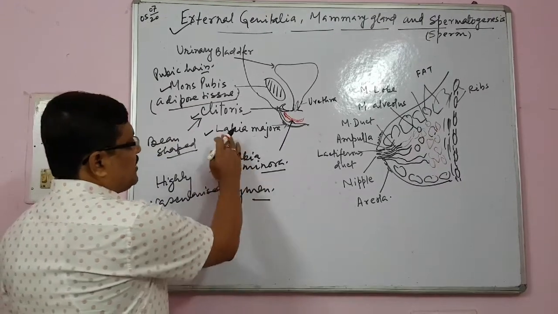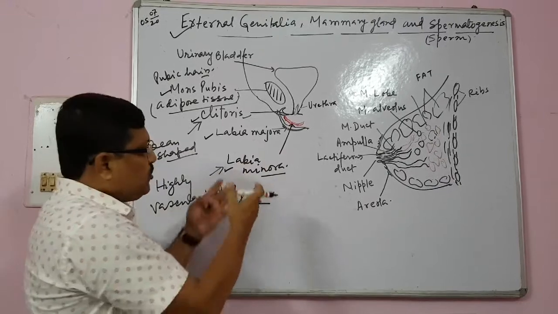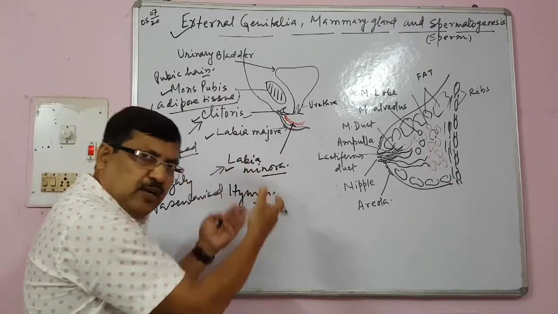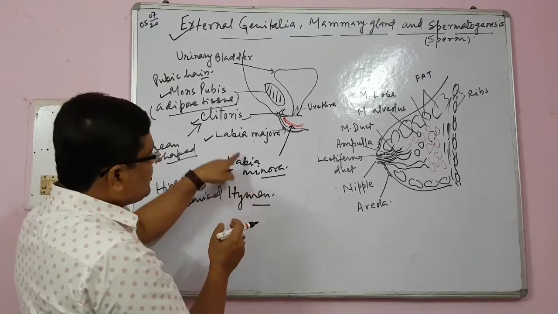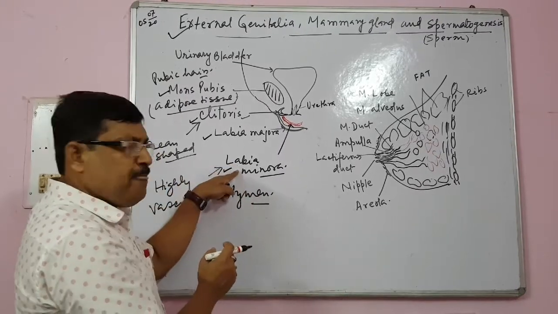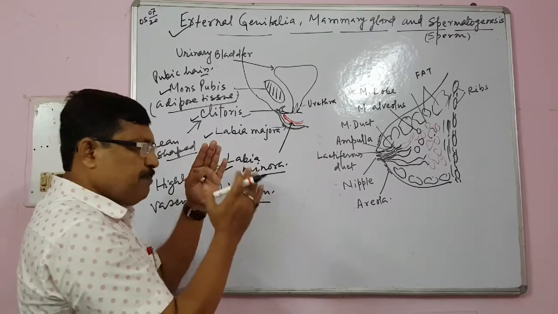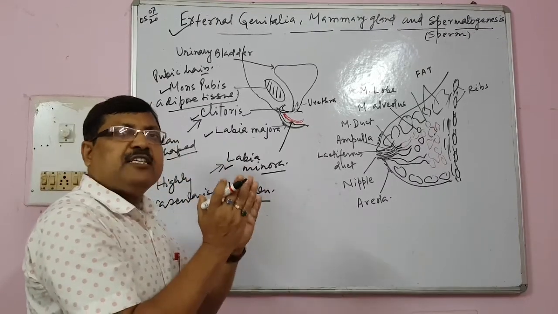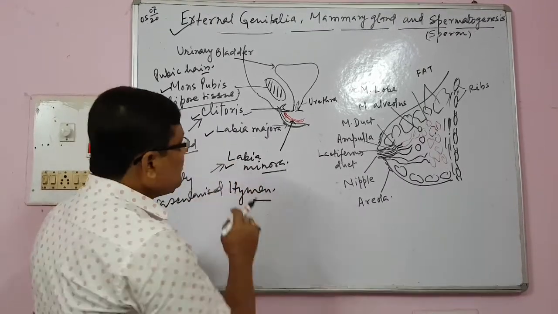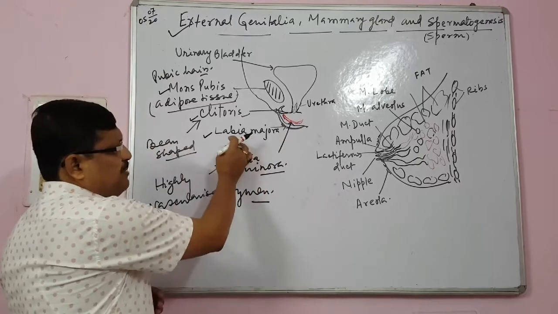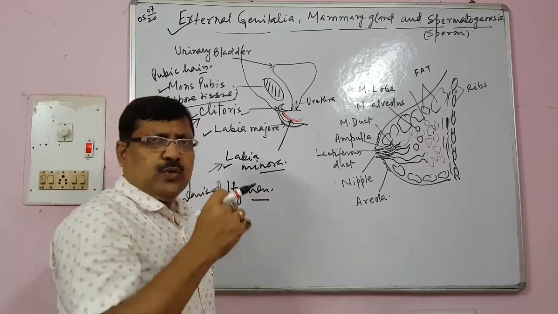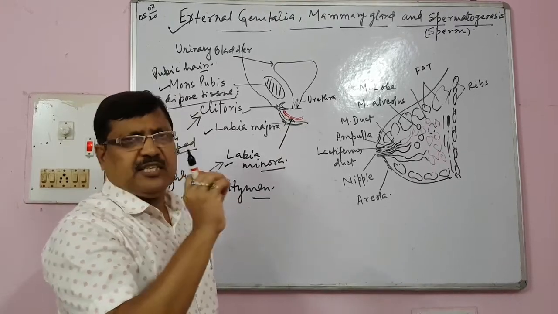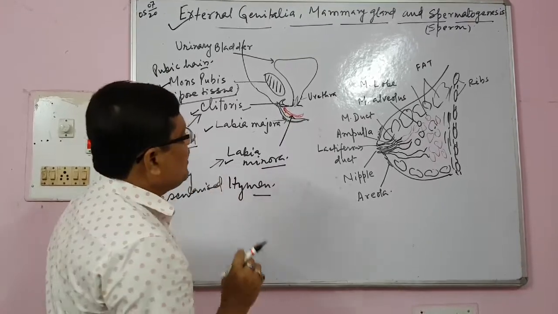After that is the labia majora. The labia majora are the downward folds, and both structures, labia minora and labia majora, close the vaginal opening. The labia majora have sebaceous glands, and it keeps moist.